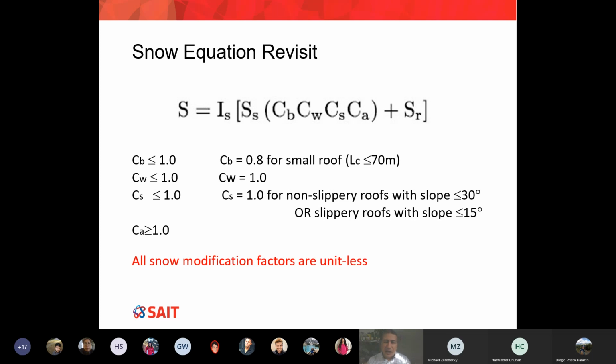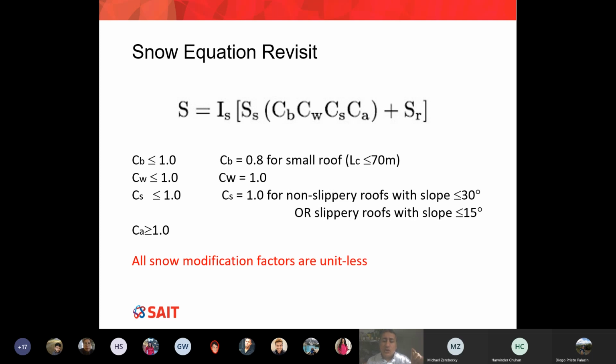Okay, importance factor. It represents the importance of the building under design from an engineer's perspective. Then Ss and Sr are functions of the location. When it comes to those four factors, here is the summary. Cb is always less than or equal to 1, it cannot be more than 1.